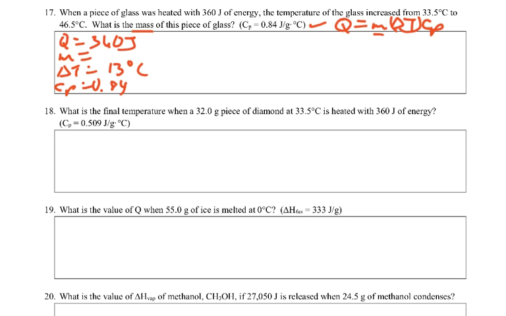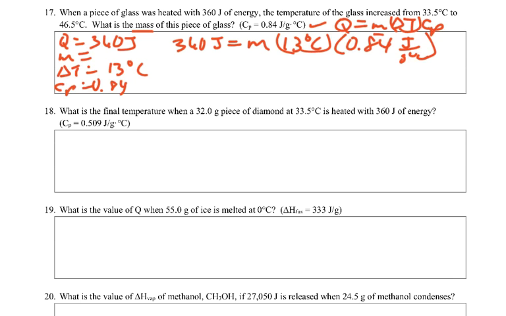So let's plug and chug here. The 360 joules is equal to M times 13 degrees times 0.84 joules per gram degree. I'm going to be left with grams because joules cancel out, degrees cancel out. So now I'm going to solve for M.